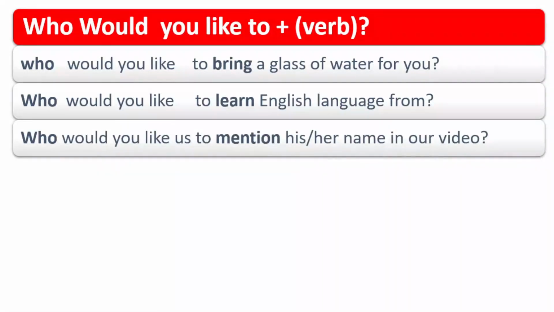Now, who would you like us to mention her name in our video? Now here, we want you to please tell us who is that person that you would like us to mention his or her name in our video. So definitely we would add it there. If you have any friend, please tell us about your name and we would mention his or her name in our video with your permission, right? And you could take permission from him or her.